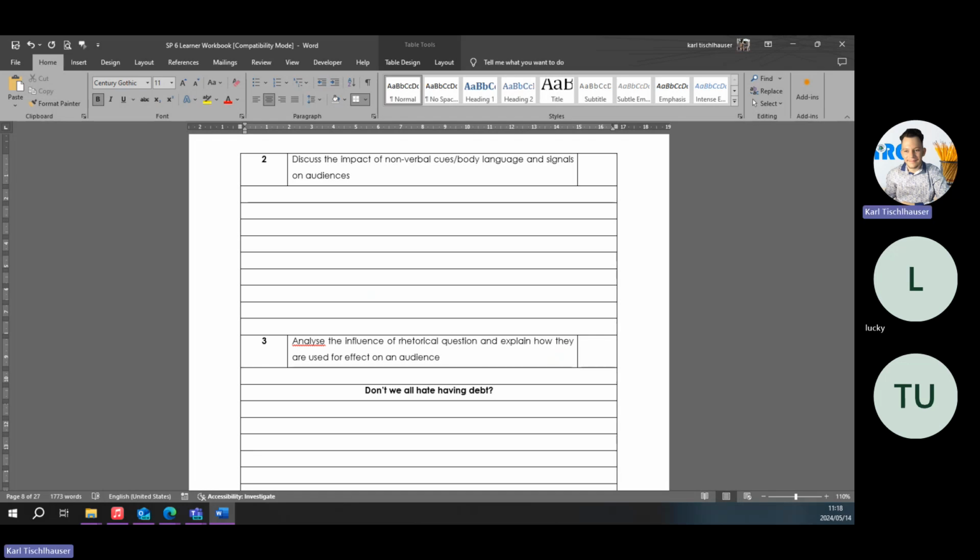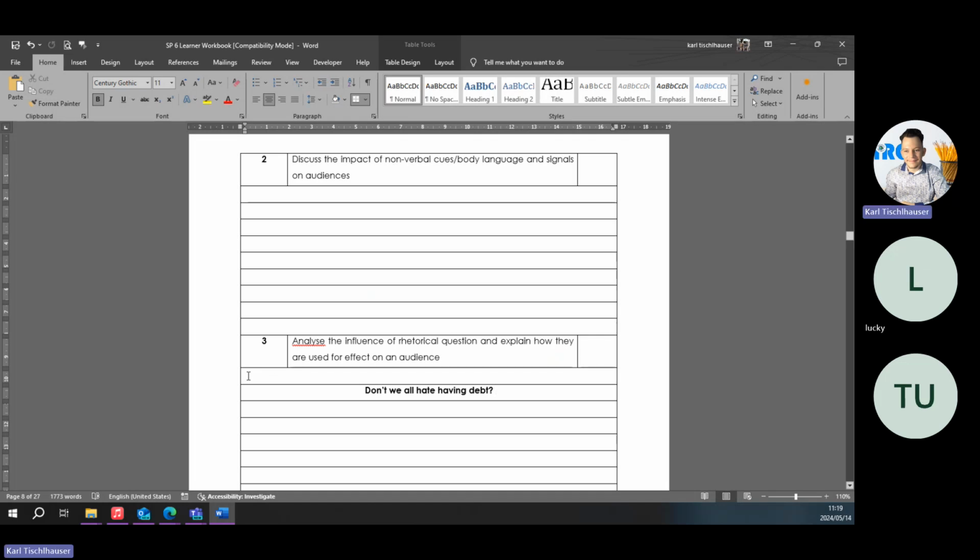This is a good example of a rhetorical question because it's not a question that people need to answer. We all know that everyone hates having debt. No one's ever woken up and said, yes, I love being in financial stress. No one ever wants it, you know what I mean? But that's why it's a rhetorical question because it doesn't need an answer. We all know the answer.